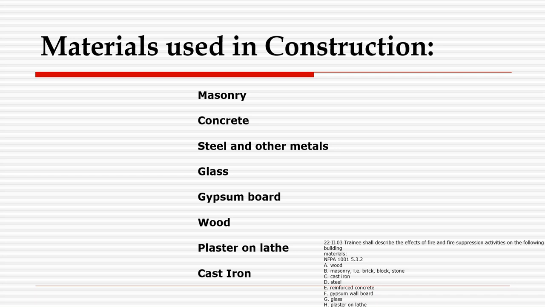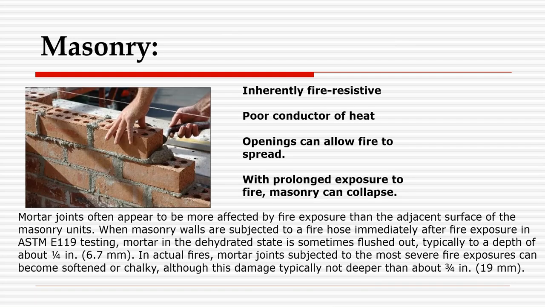So you don't necessarily need to pay attention to that objective, but you will see them on some of the slides. So materials used in construction: masonry, concrete, steel and other metals, glass, gypsum board, wood, plaster on lath. I'll add shiplap right after that, and cast iron. We'll talk a little bit more about these in depth.